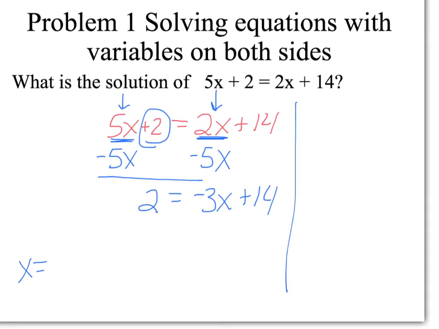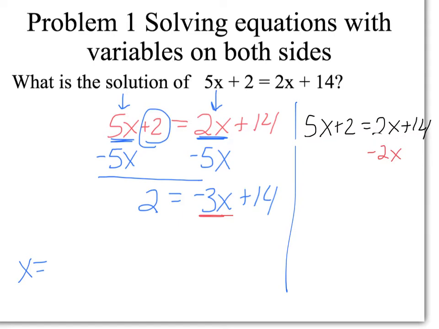Okay, here's your other option. If I have 5x plus 2 equals 2x plus 14, I would say it's easier if you move the 2x, because then you don't have to work with negatives. So you kind of want to look for the variable that's smaller. 2x is smaller, so I subtract 2x from both sides. I hate when I underline them because then people think that I'm using division.